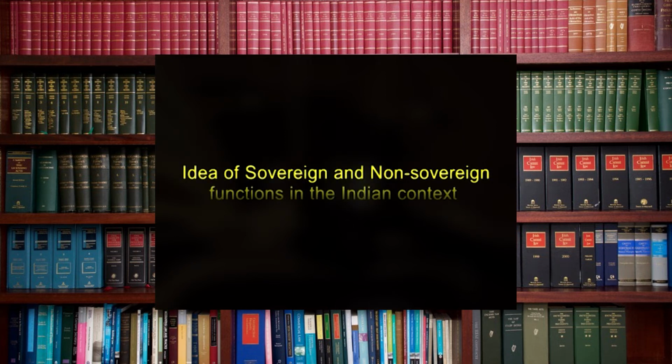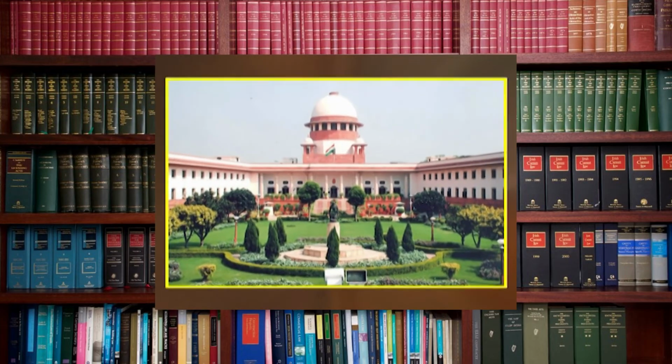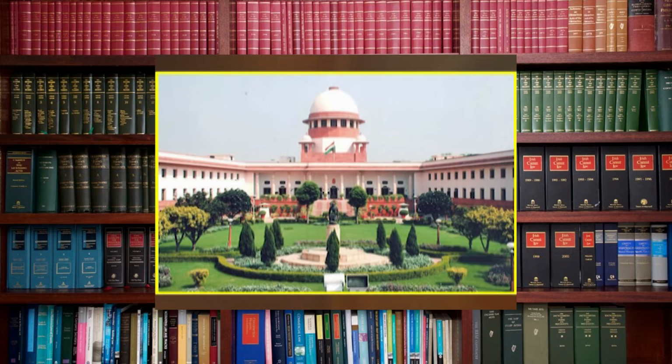Now let us discuss the idea of sovereign and non-sovereign functions in the Indian context. As discussed, the aforesaid case was of the pre-constitutional era, making the distinction between sovereign and non-sovereign functions of the state and holding the state liable in case of non-sovereign functions, which was also followed by the Honorable Appeals Courts in their subsequent judgments in India.